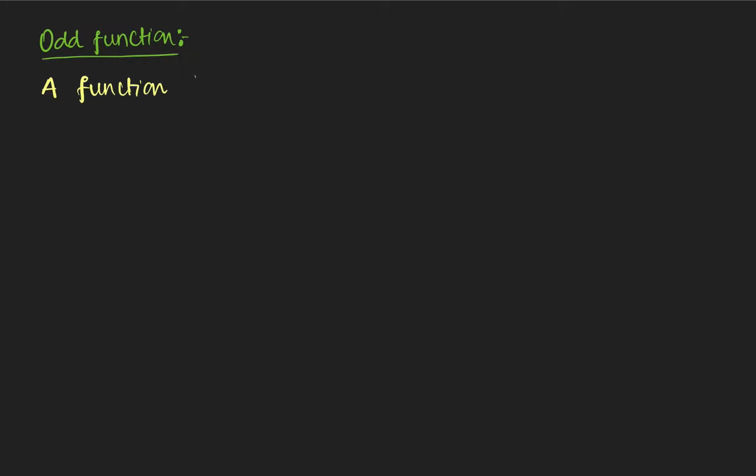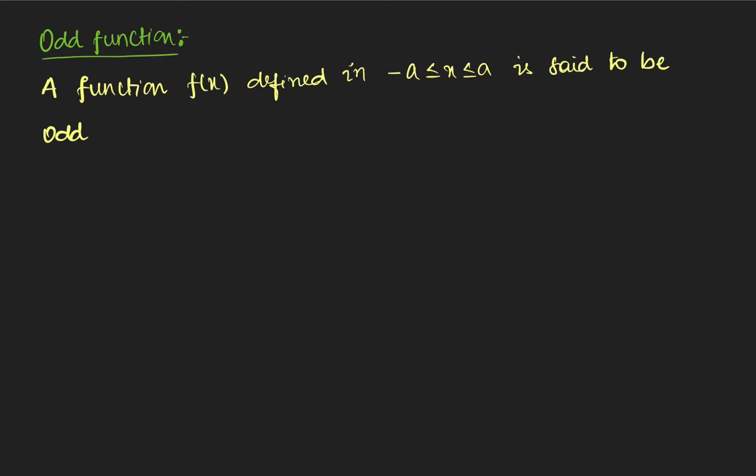A function f of x defined in the interval minus a less than or equal to x less than or equal to a is said to be an odd function if it satisfies the condition f of minus x is equal to minus f of x.